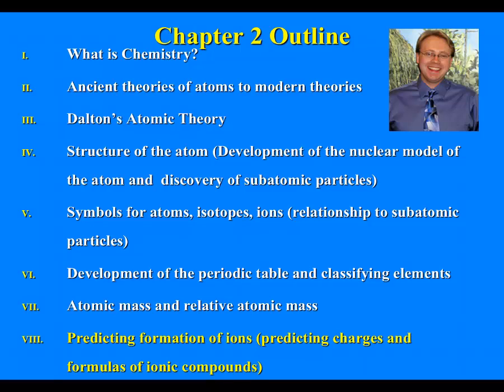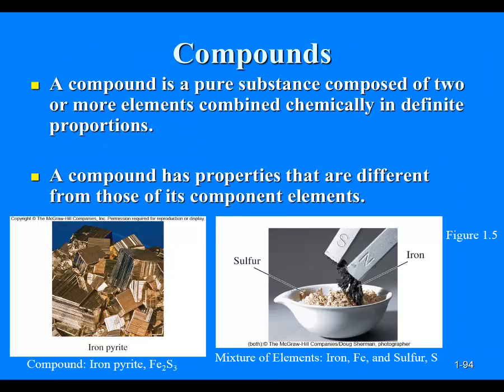First of all, let's talk about ionic compounds and let's define what a compound is. If we have a compound, we're going to be having a pure substance that's composed of two or more elements that have been combined chemically, and they're always going to be present in definite proportions with respect to the number of atoms present.